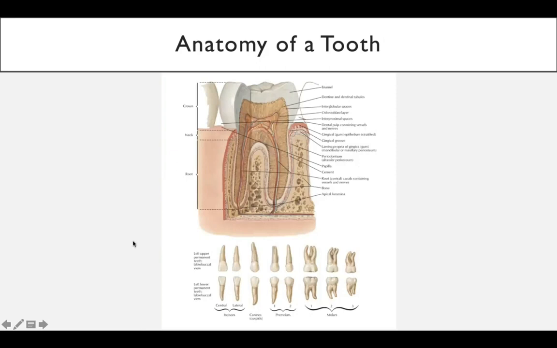Thanks to Netter, we have incisors, central and lateral, and then canines, which are unicusps, or you should say cuspids, one single projection, premolars, or bicuspids, which have two projections, and then molars, multiple projections, polycusps, and then this anatomy. Crown, neck, root, enamel, dentin, dental tubules, all of the anatomy.